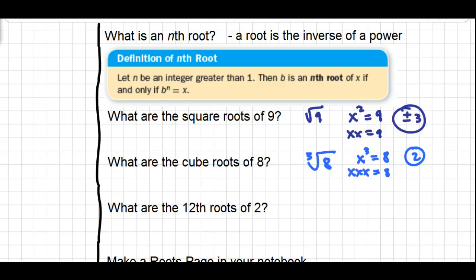Now let's look at this next one where we're trying to find a 12th root. A 12th root would technically be a radical that looks like that, and if we're trying to find that for the 2, we would have x to the 12th power equaling 2. That would end up being 12 x's multiplied together, which is quite a lot.